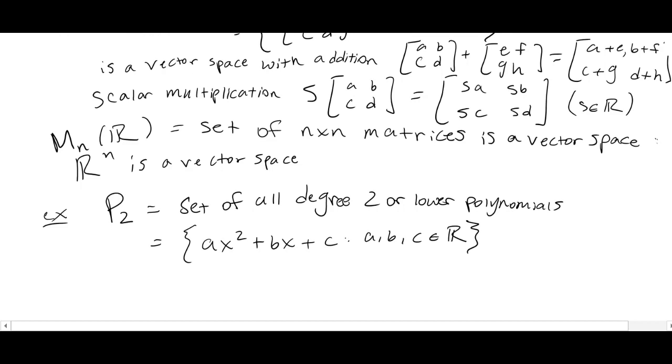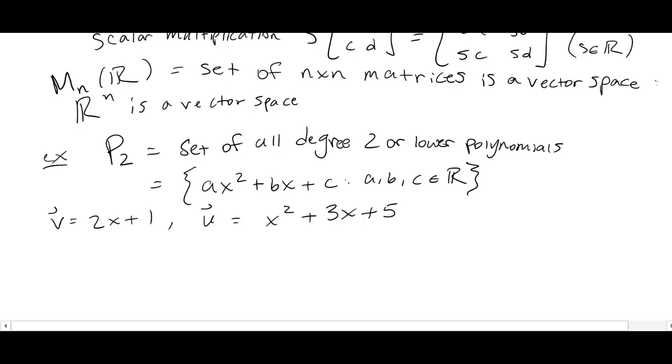So a vector in this space is like 2x plus 1, or x squared plus 3x plus 5. Those are vectors in this space.